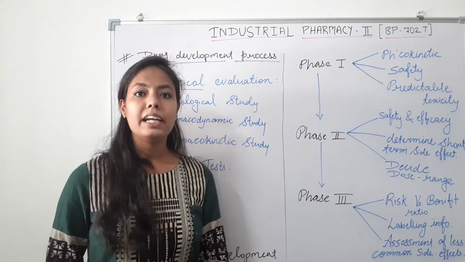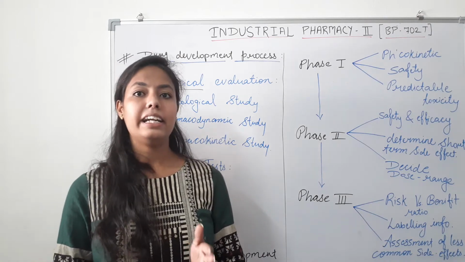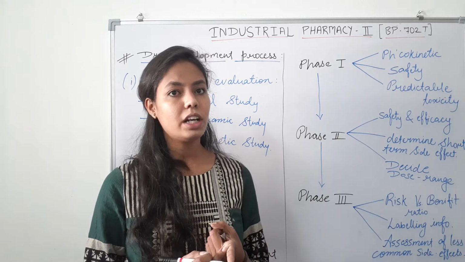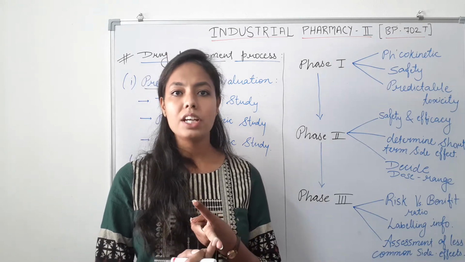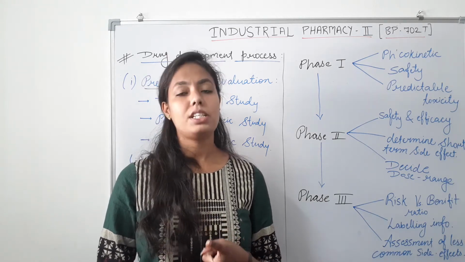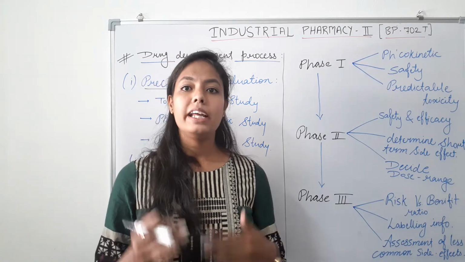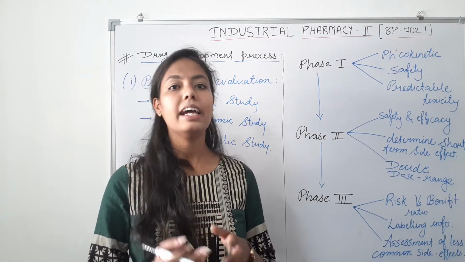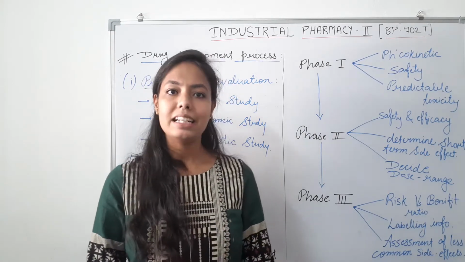The IND application consists of preclinical data, chemical structure, source, manufacturing details of the drug molecule, its specification of the dosage form and the investigational protocol. The details of the investigation involve informed consent of participants and any other agreements, etc.